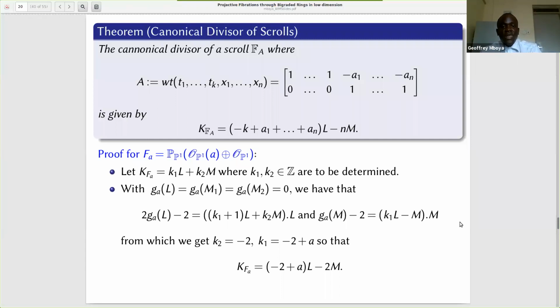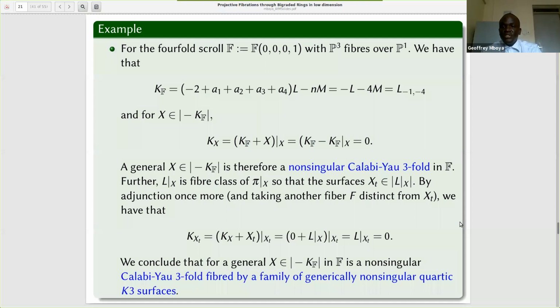It works. An example here is a fourfold scroll, which is fibered over P1 with P3 fibers. The computation shows that the canonical divisor is the line bundle associated to the character (-1,-4). A general element in the anti-canonical class is a non-singular Calabi-Yau threefold, non-singular by Bertini's theorem.